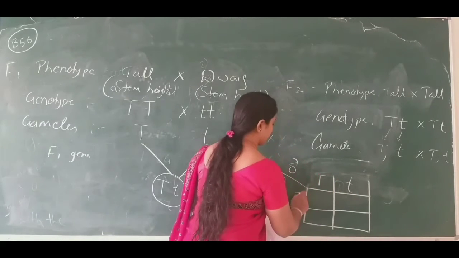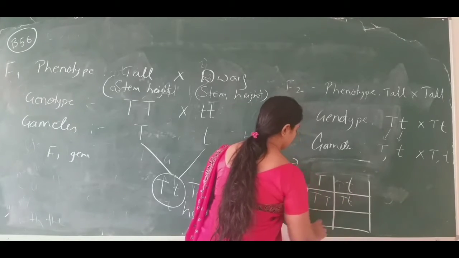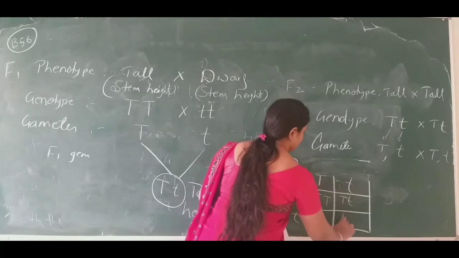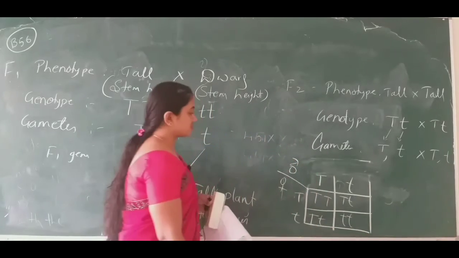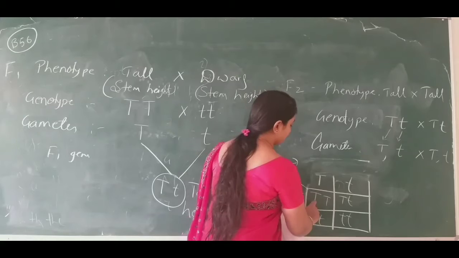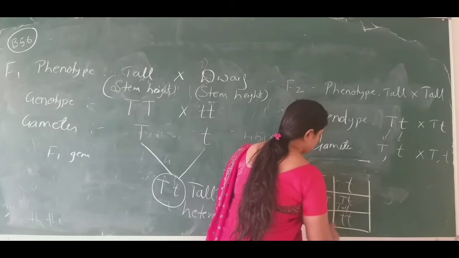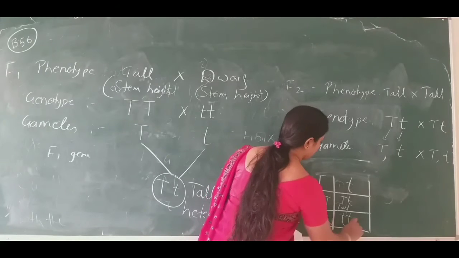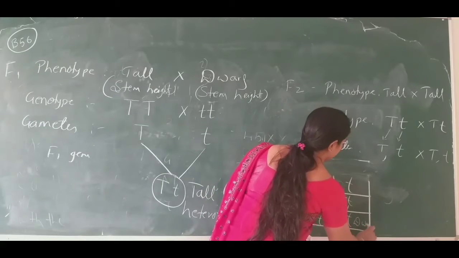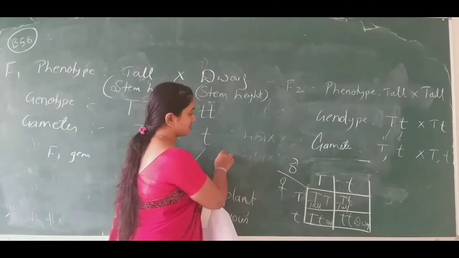Capital T small t, capital T small t, then capital T capital T, capital T small t, capital T small t, small t small t. Just write the phenotype of these offspring. Here it should be tall, tall, tall, dwarf.